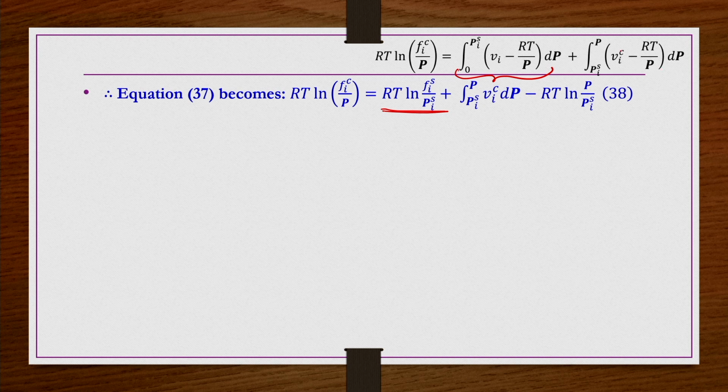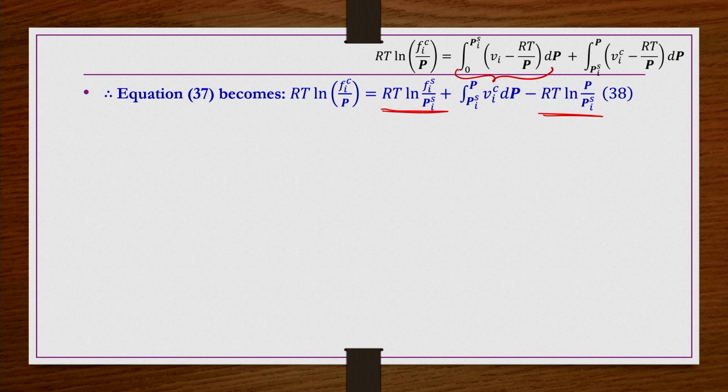Then the second term I am writing in two parts: integral of Vi^C dP minus integral of RT/P dP. The integral of RT/P dP is RT ln P with limits from Pi^S to P, so I can write this as RT ln(P/Pi^S).